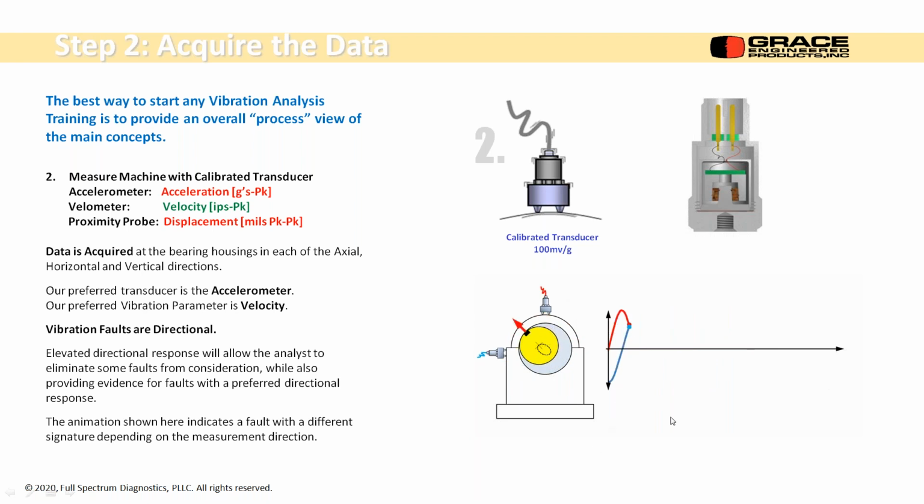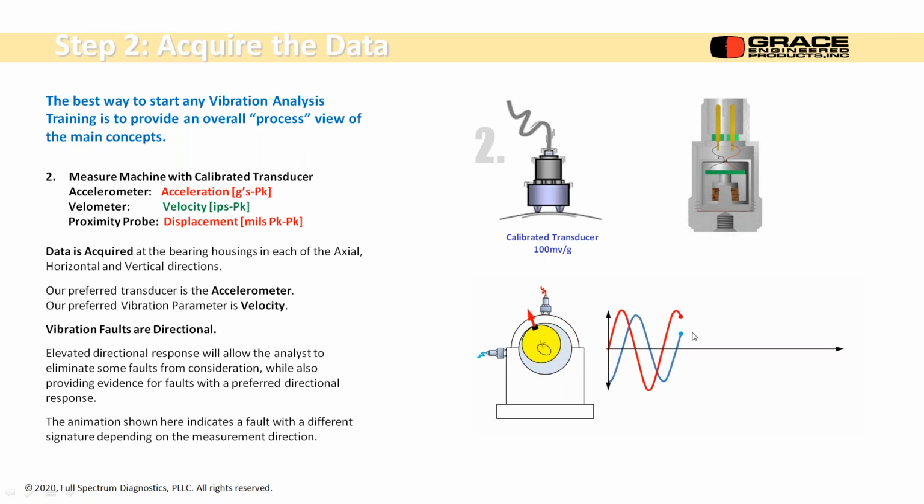So this is telling me a couple of things. It's telling me what the frequency is going on in the machine. I can see that from my periodic event, and I can calculate that. I can see the amplitude, but I can also see the phase shift. So there's something going on differently in the vertical and horizontal direction, and it's just due to moving our transducer 90 degrees. But this will tell us if we have a balance problem.